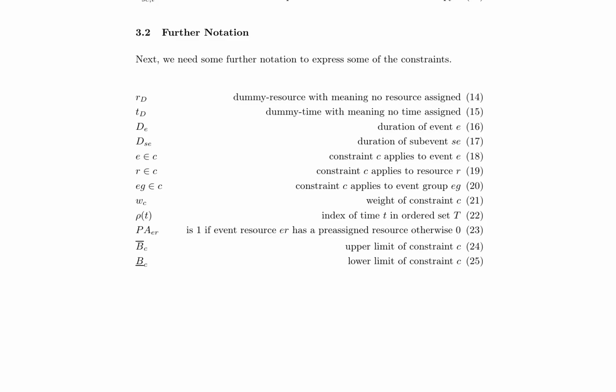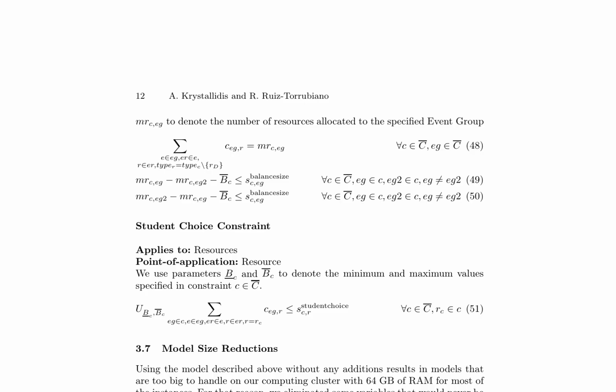Dummy resources and times are introduced to represent no resource or time assignments, and durations for events and subevents are defined. The constraints are applied to events, resources, and event groups, with each constraint having a weight and upper and lower limits. The objective is to minimize the total cost of constraint violations, balancing the need to satisfy all constraints while minimizing the overall cost.